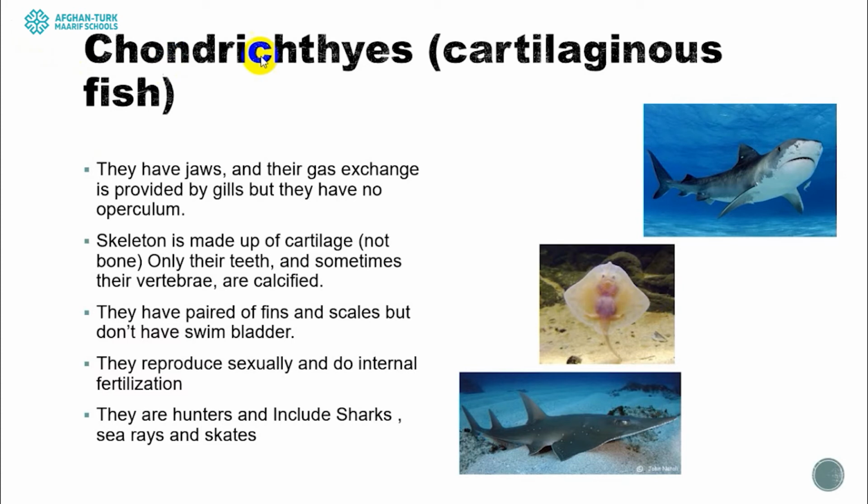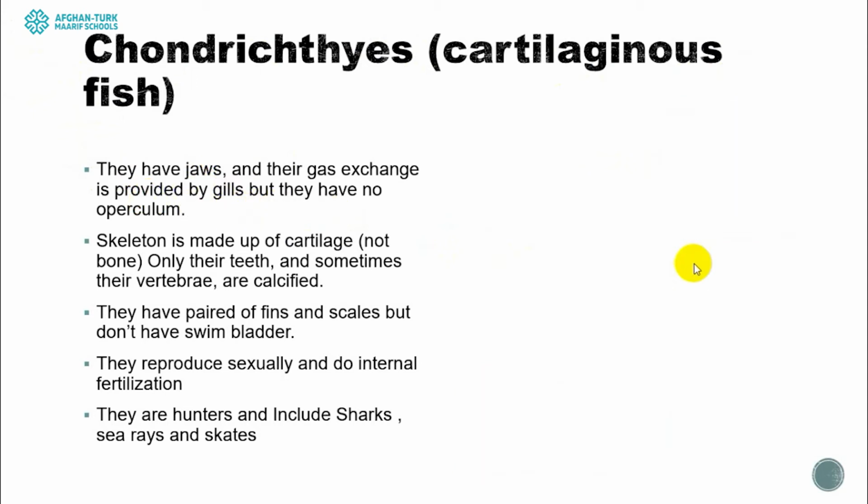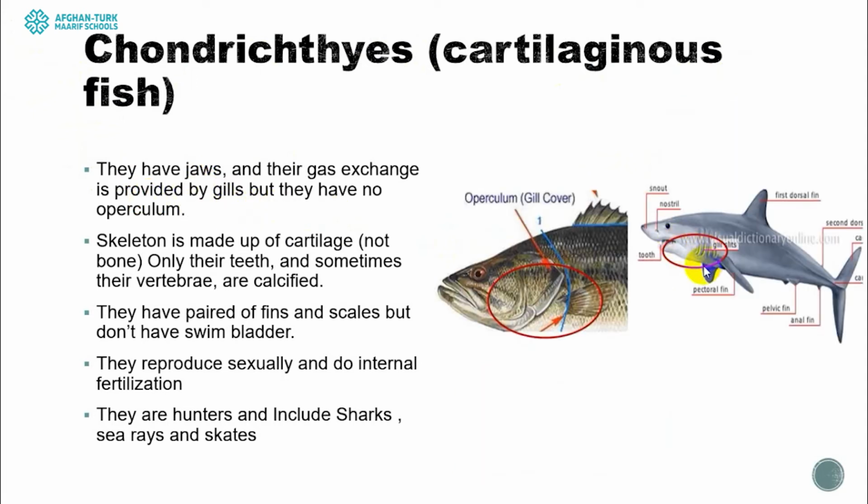Second category, Chondrichthyes or cartilaginous fish. They have jaws. They are owners of jaws, and they exchange gases with the help of their gills, and they do not have an operculum. What is the operculum structure? In some fish, their gills are covered with a skin that we call the operculum.